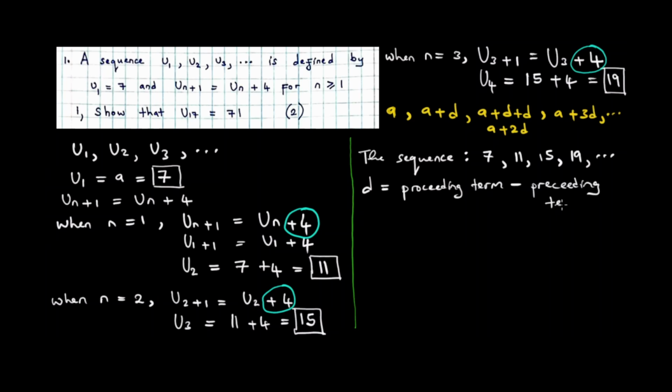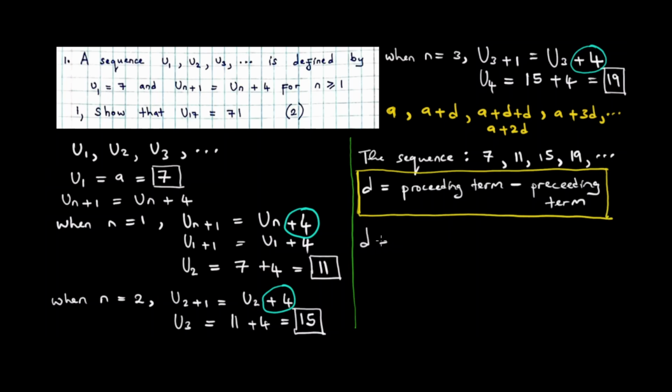And this is actually the formula we use, and as is customary, we put our formulas in tables to show their importance. So the formula we use is this. So when we find our common difference, d is equal to 11, the preceding term, subtracting 7, the preceding term, we get 4.